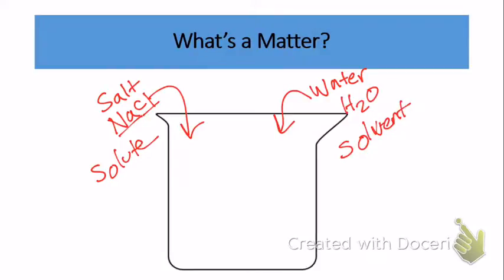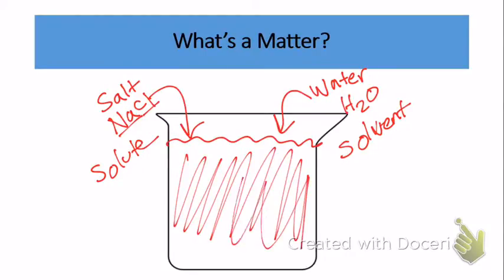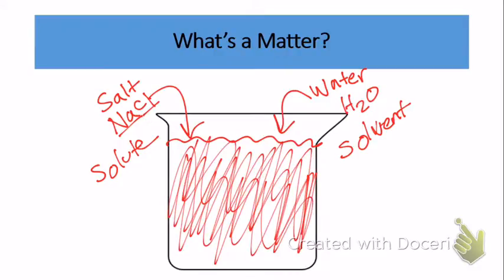And so it results in a uniform mixture, and this mixture is going to be the same throughout. There's going to be really no differences, no layers. In other words, you're not going to see a salt layer, and you're not going to see a water layer. It's all going to be one complete uniform mixture. Why is this a uniform mixture?